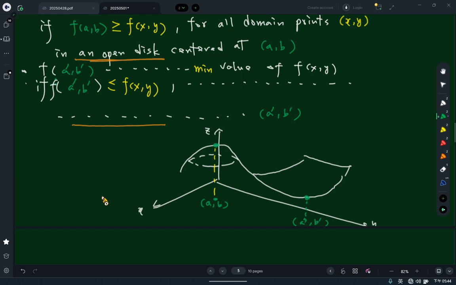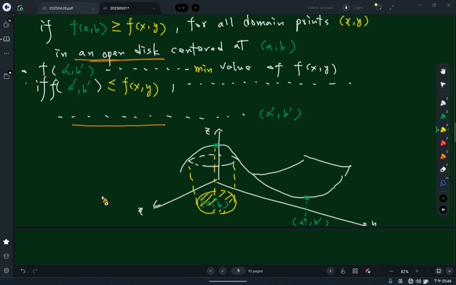So if you can find an open disk containing (a, b), then you just map all points in this disk. So we can just map it here.